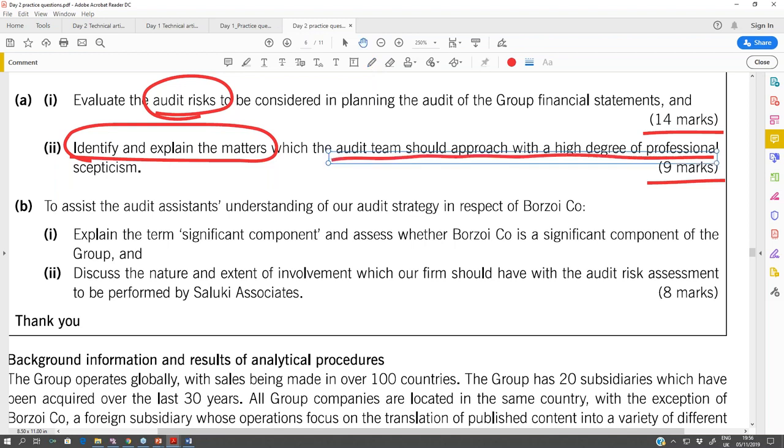Now we know the auditor needs to be skeptical, but the examiner is asking us to identify and explain the matters. The marks are 9, and for 9 marks, if you divide by 2, you need to write 5 matters which the audit team should approach with a high degree of professional skepticism.